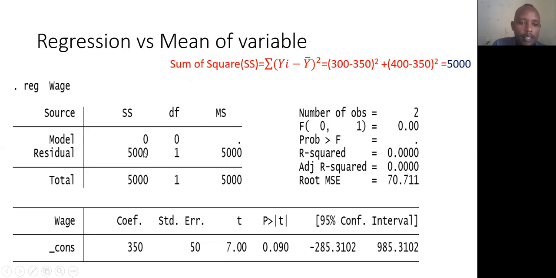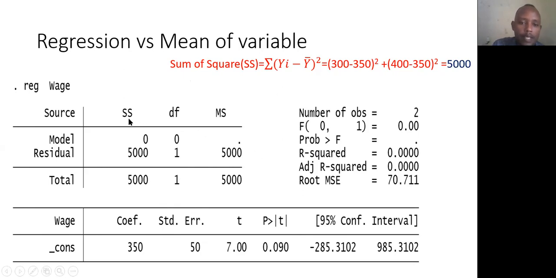Here, generally, we have two parts of regression output. The part above is called the ANOVA part, analysis of variance. And this part is called the model part.